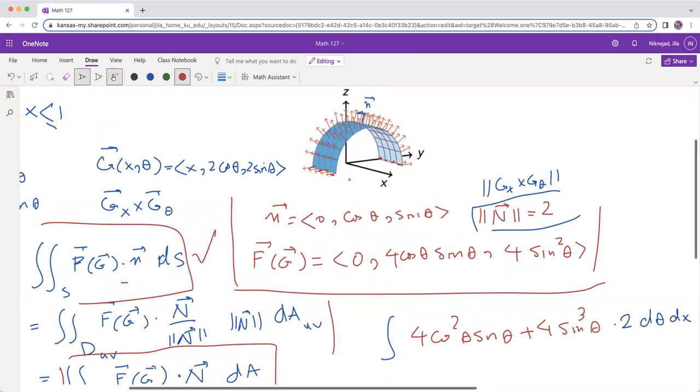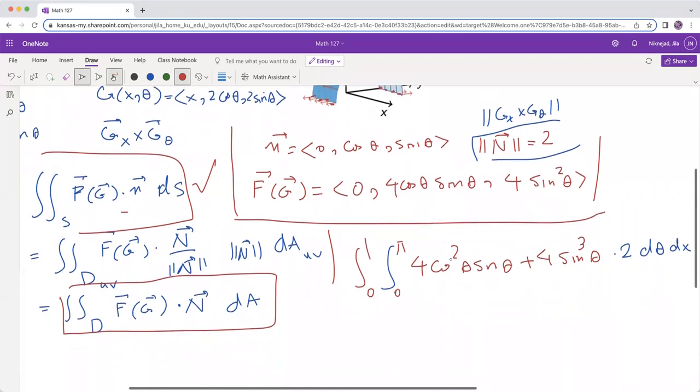And points in between are on the positive side, because for z everything should be positive. So theta is really running between 0 and pi. And x is running between 0 and the upper bound, which was 1.